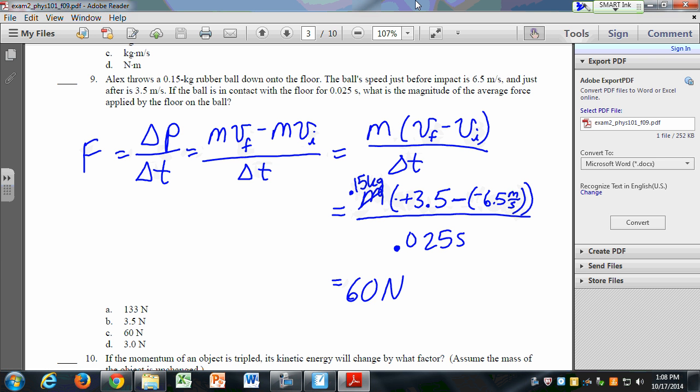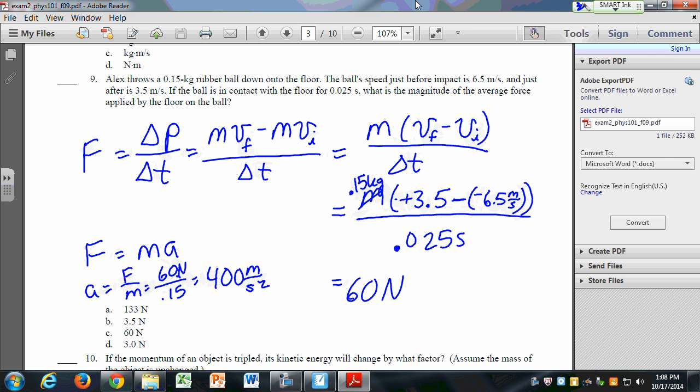All right, you could also find the acceleration. We worked a problem like this in class, I think, where now that we know the force, that's equal to ma. So a is just F over m, which is 60 newtons over the mass, which is 0.15, 60 over 0.15, 400 meters per second squared.